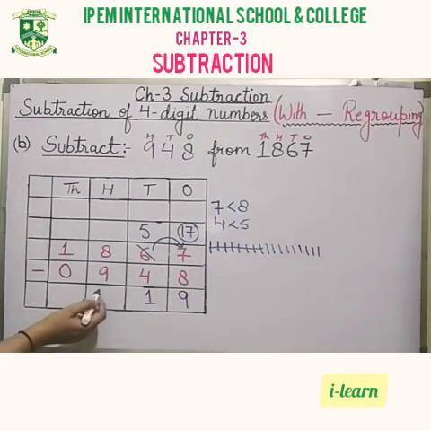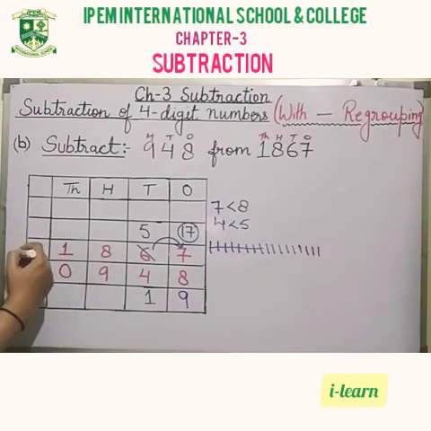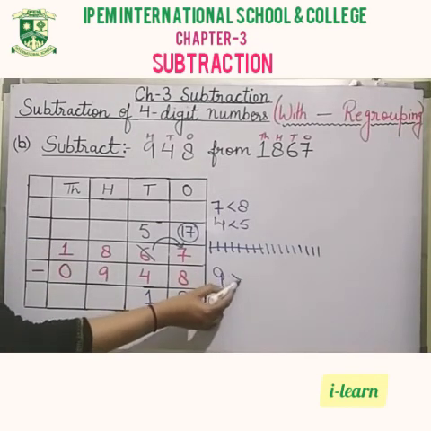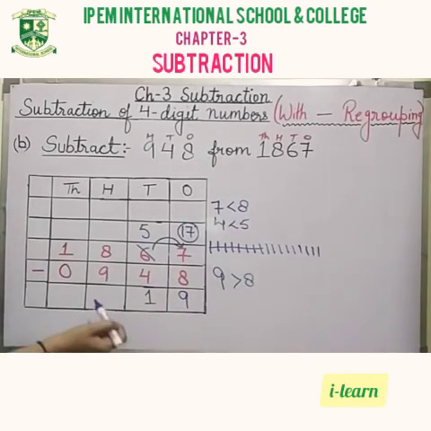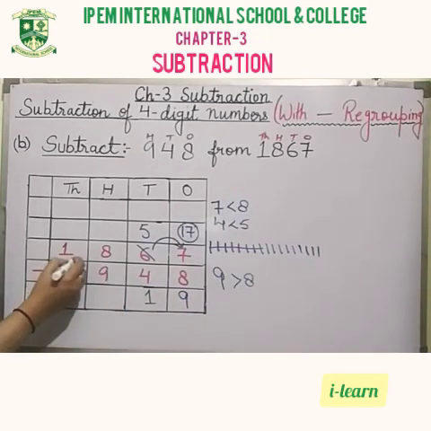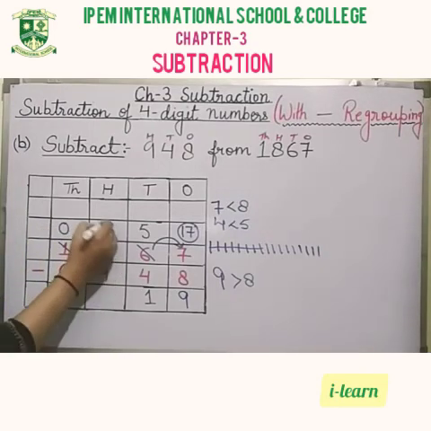Now move on to next place. Here we have to subtract 9 from 8. As you know, 9 is greater than 8. So what we have to do? We will again borrow one number from 1. So this 1 will become 0 and this 8 will become 18.